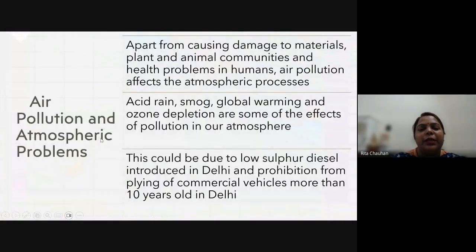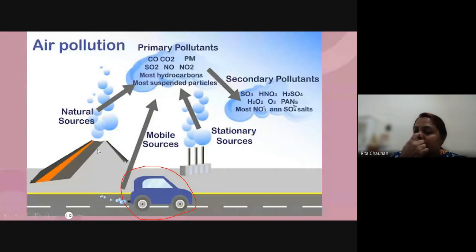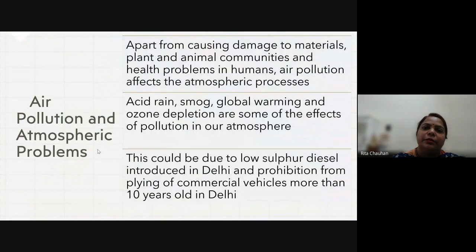So an example of this is nitric acid and sulfuric acid, and then it will come down to the earth in the form of acid rain. So acid rain, smog, global warming, ozone depletion, these are some of the examples of air pollution and its atmospheric problems.